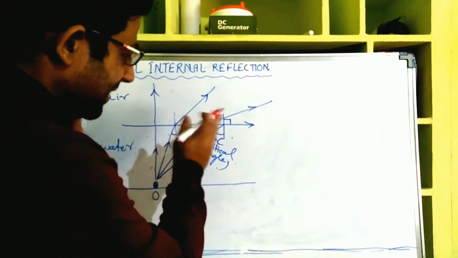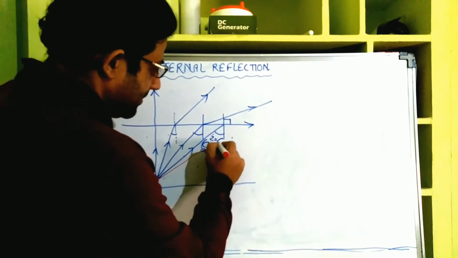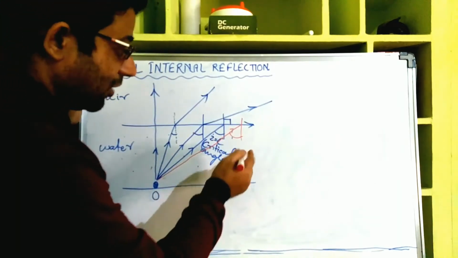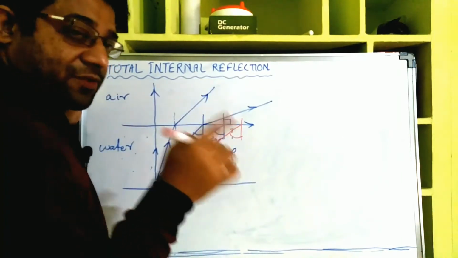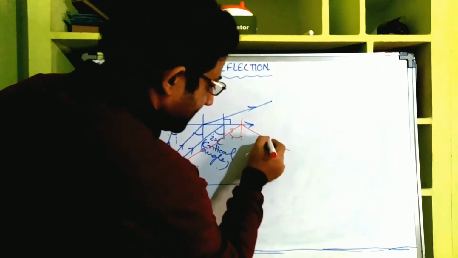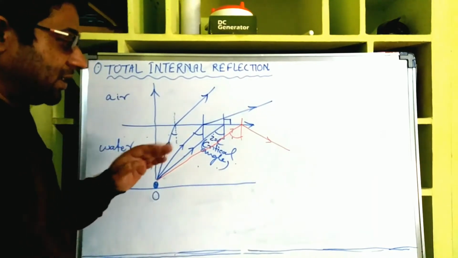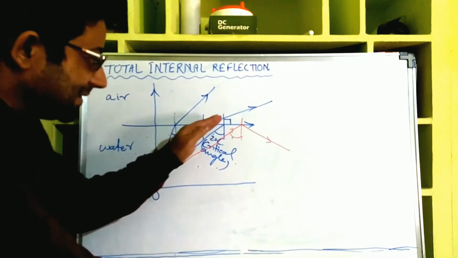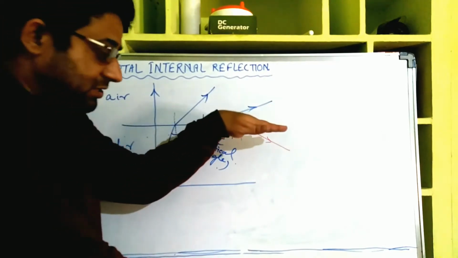Why is it called the critical angle? Because for any ray, even a little more than that, after the critical angle, that means the angle of incidence becomes more than the critical angle, what happens? Obeying the law of reflection, which says angle of incidence is equal to angle of reflection, the ray will be reflected back into the same medium. Till here it was refraction, right? Even till the critical angle, refraction happened and the refracted ray became parallel to the surface of water.